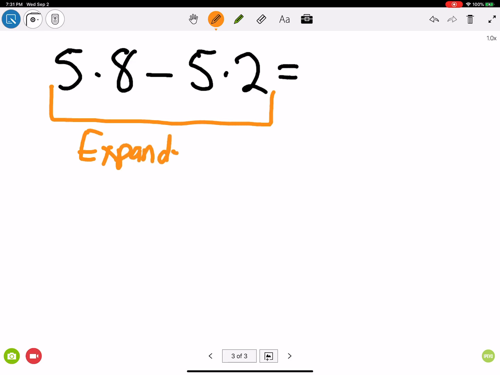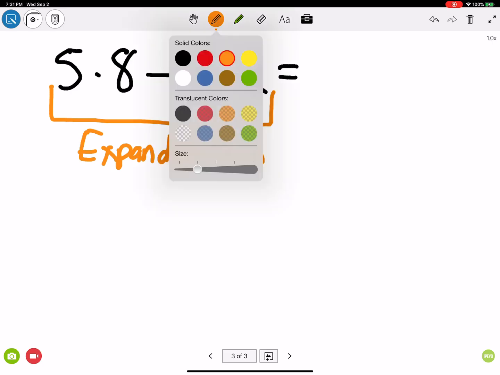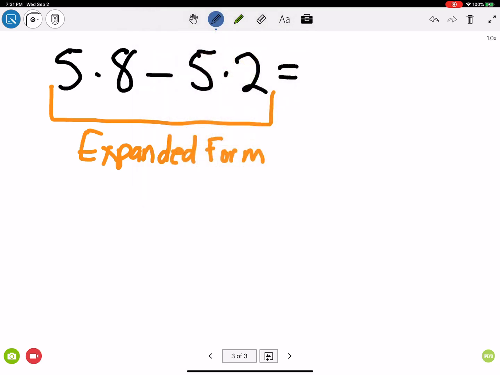When you expand something, you lengthen it, right? I want to factor it, which means I want to make it shorter. So when I'm doing this, I'm going to look for one main thing. Well, what does each side of this subtraction symbol have in common? What is my common number?